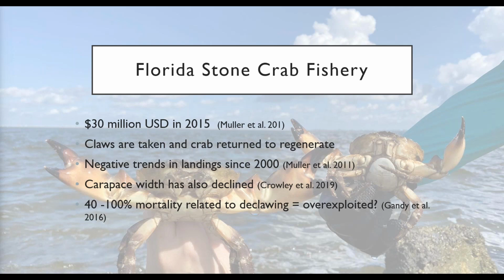Since the year 2000, we've seen negative trends in the landings that fishermen have caught, and also a decline in carapace width. This has led to about a 40 to 100% mortality rate in the crabs due to this decline, and has led researchers to believe that the fishery is possibly overexploiting the stock.